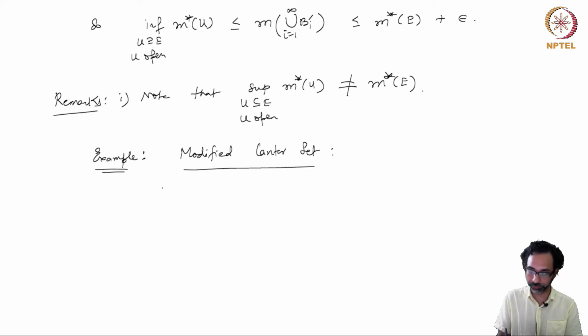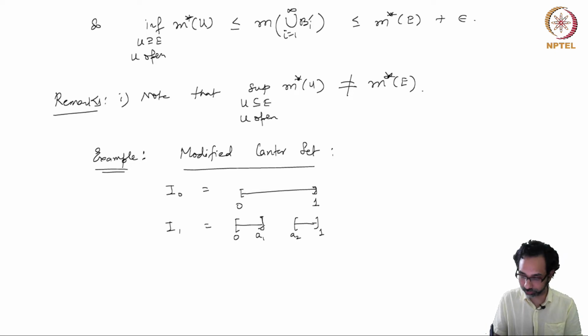You take I0 given by the interval 0 to 1, and I1 given by the intervals 0 to some number A1, and then A2 to 1.